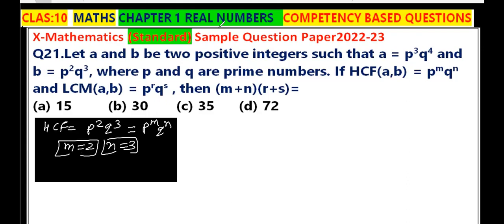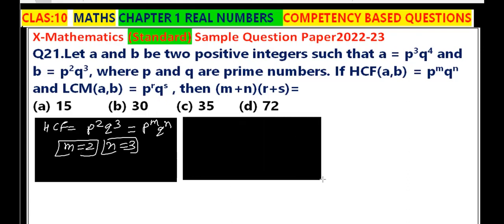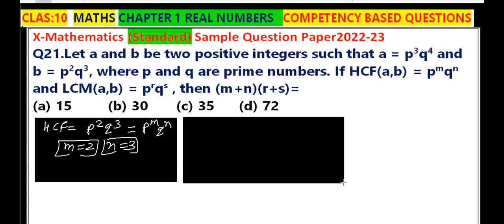Similarly, for LCM, see here. For LCM of the two numbers, means A and B, we take the highest power. Means P power 3 here and P power 2 here. What is highest power here?